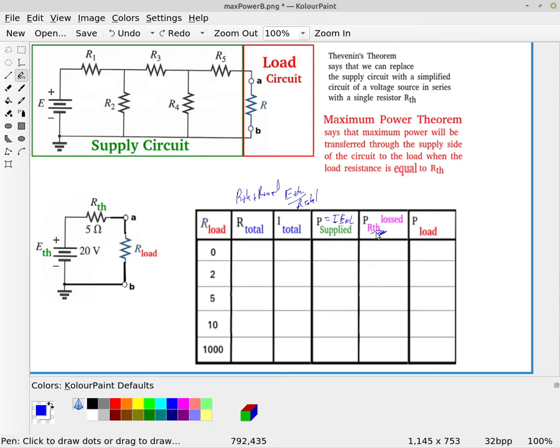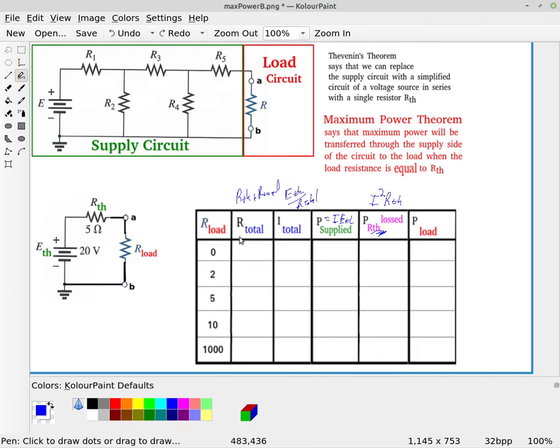And so we're going to calculate that power loss, which using a modified version of the power law, we get I squared times R Thevenin, is going to be the loss, that of the power that's being used up in the supply circuit to prepare for the load. But it's not making it to the load, so with that respect we consider it lost power. And then we're going to calculate the power that actually gets to the load and is utilized in the load.